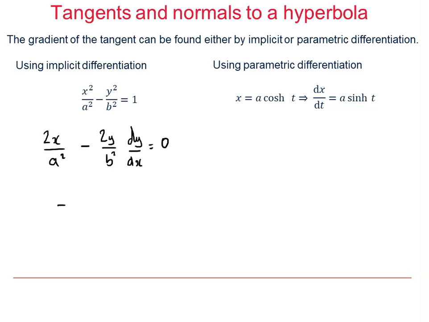Then you can rearrange that straightforwardly to give dy by dx equal to b squared over x divided by a squared over y.